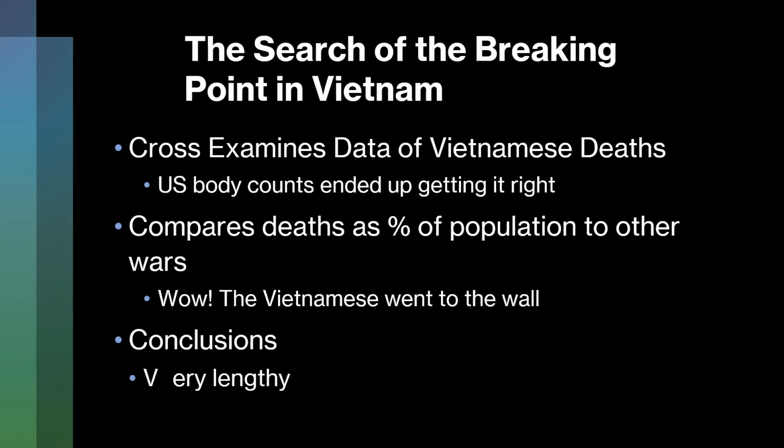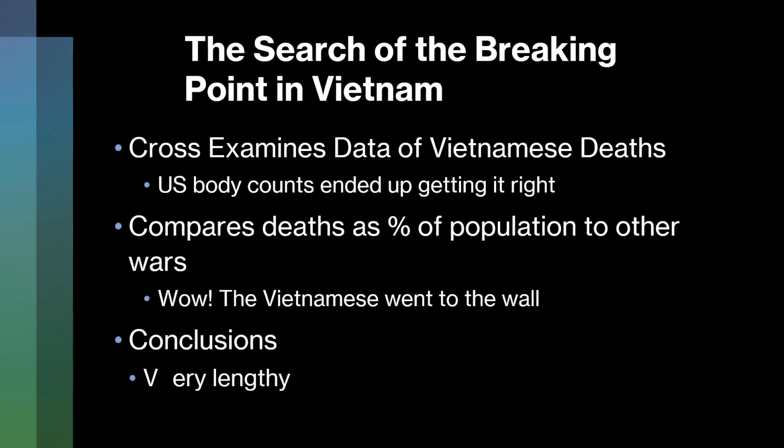How many Vietnamese were killed in the war? If the U.S. was trying to attrite them to the point where they would lose their will to fight and want to make peace, well, okay, the central question is, how many people did the U.S. kill? And so Vietnamese battle deaths are this one variable.